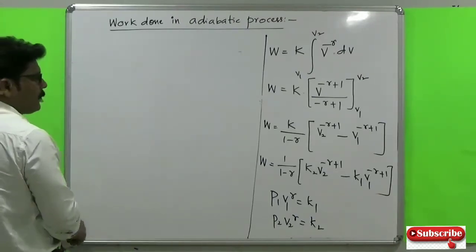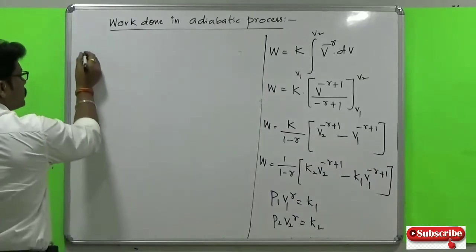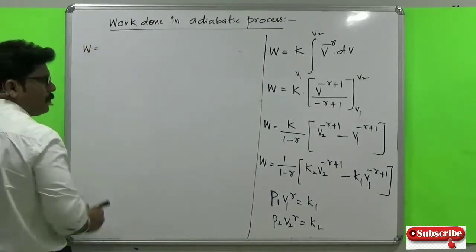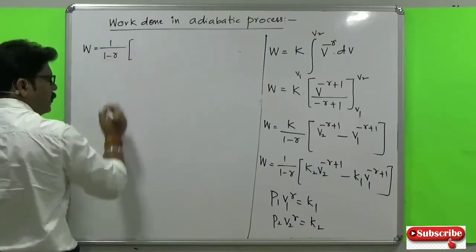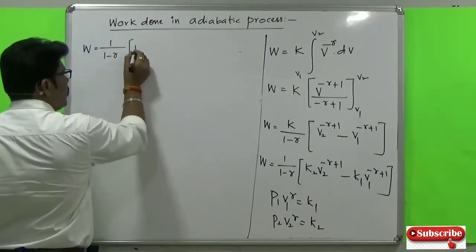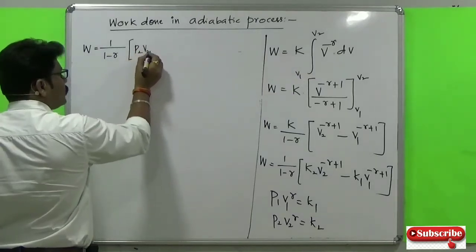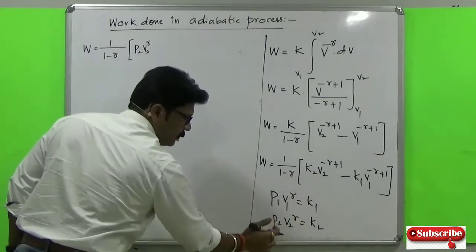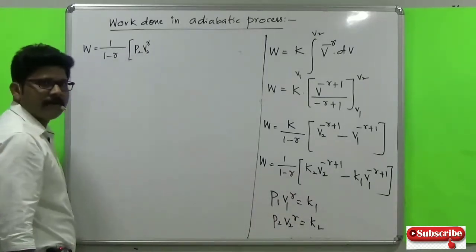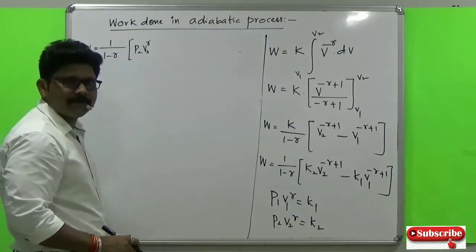इसमें सब्स्टिट्यूट करना, W equals to 1 by 1 minus gamma into K2 के बदले में P2 V2 to the power of gamma. K2 क्या है, P2 V2 power gamma है, तो लेके उधर सब्स्टिट्यूट कर रहा हूँ, right?